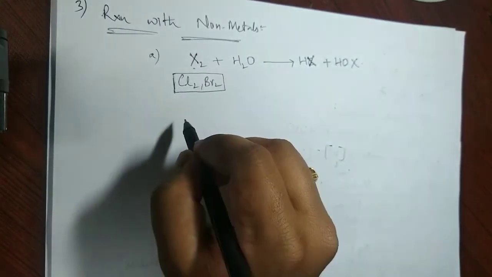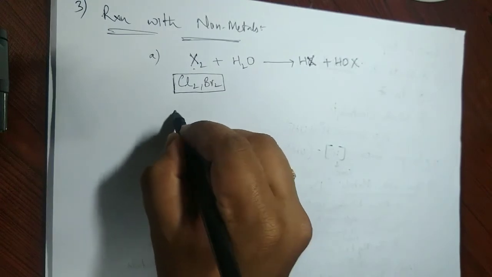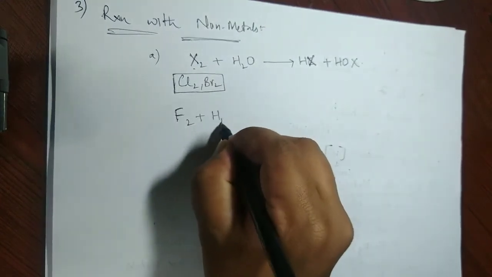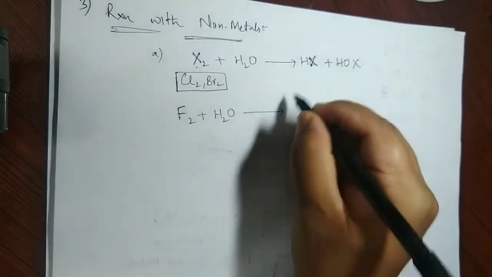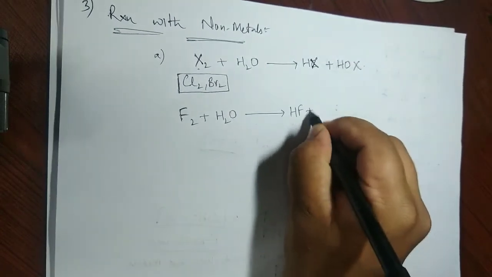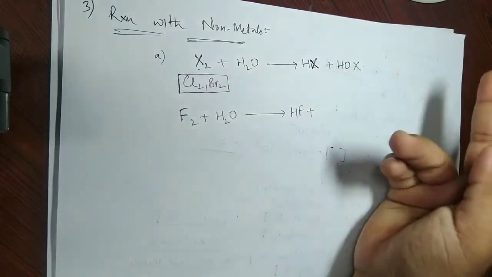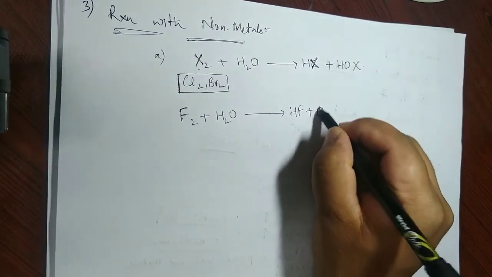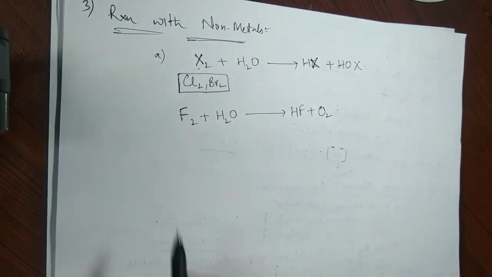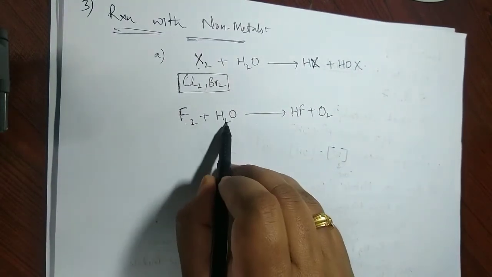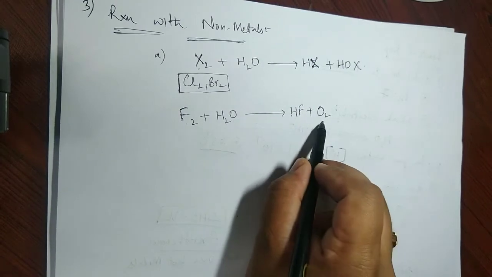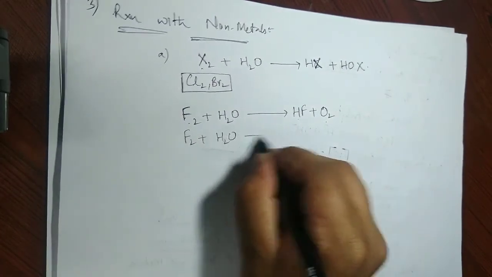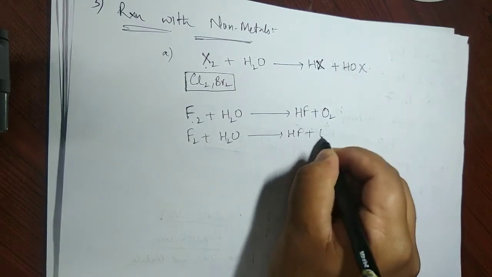So what about fluorine? Fluorine of course undergoes reaction, F2 plus H2O gives HF plus HOF, which further proceeds in the reaction and forms O2. So do remember this, F2 plus H2O gives HF plus O2, and F2 plus H2O also forms HF plus O3.